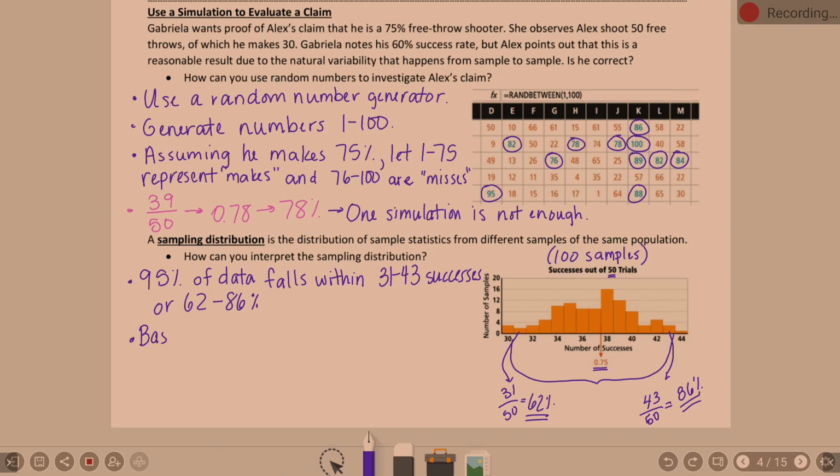So based on this simulation, a reasonable range for a 75% shooter is 62 to 86%. Thus, Alex is likely not a 75% shooter.